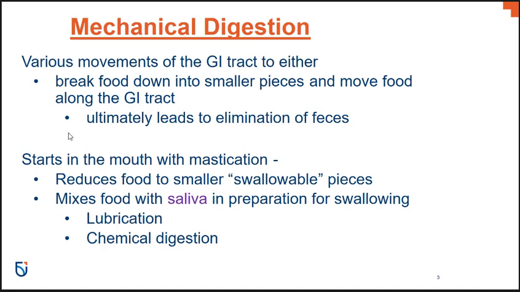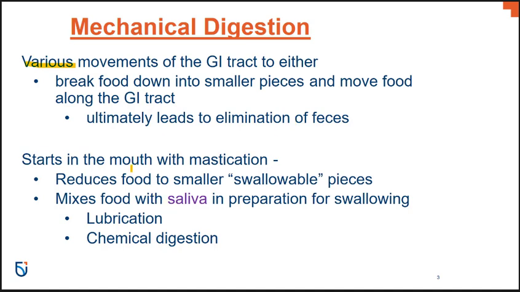Mechanical digestion consists of all of the various movements that we can call motility of the digestive tract. This process allows for the breaking of food into smaller pieces, so that's mechanical, and it also allows for the movement of food along the digestive tract or the GI tract. This, of course, will ultimately lead to elimination of feces from the body.